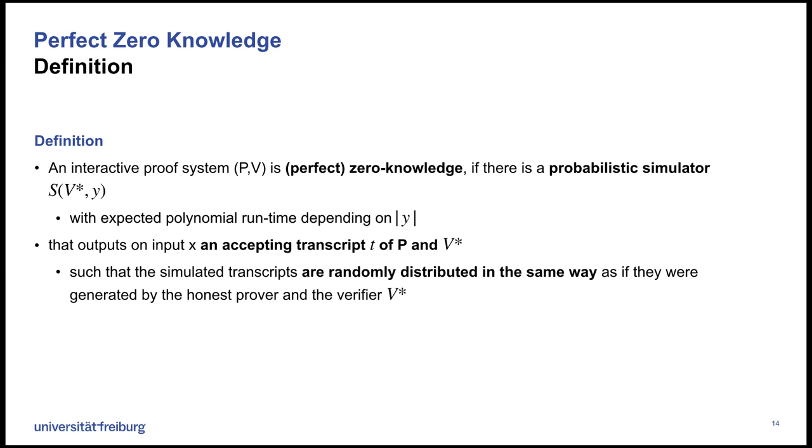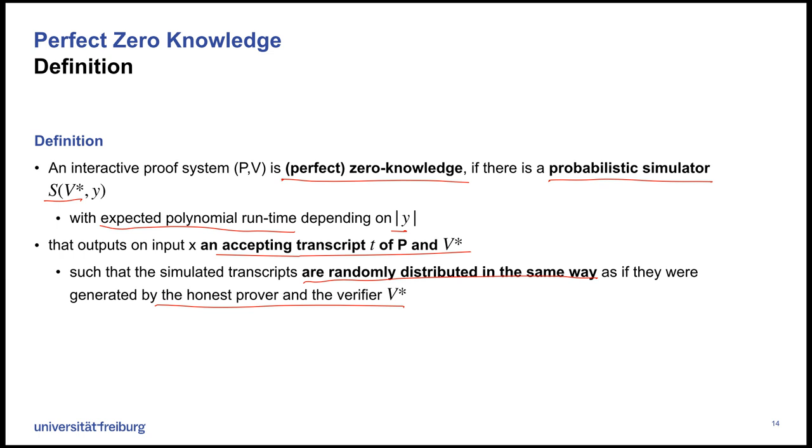Now, what is perfect zero knowledge? An interactive proof system is perfect zero knowledge if there's a probabilistic simulator which has expected polynomial runtime, depending on Y, and outputs an accepting transcript, so these messages going back and forth, in the same probability distribution as generated by the honest prover and the possibly dishonest verifier V star.